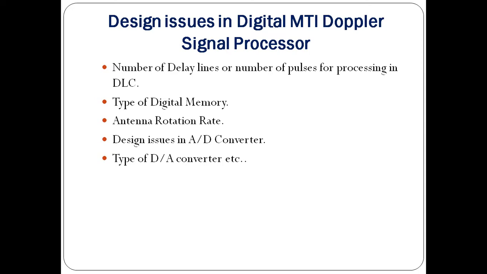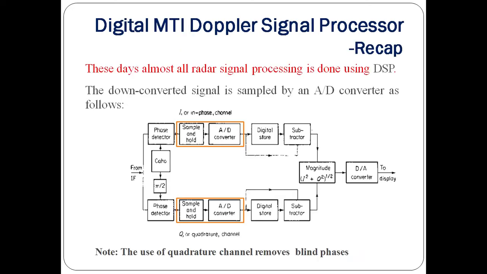And at last, the type of D to A converters, etc. There are a number of design parameters, but these are the highlighted ones when you look into the signal processor block diagram.